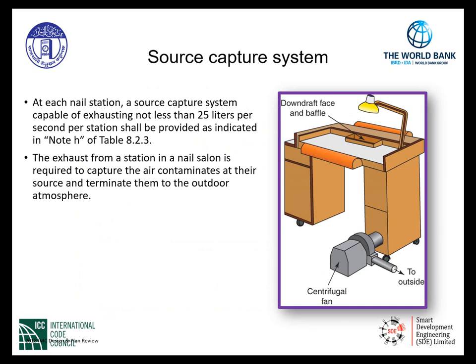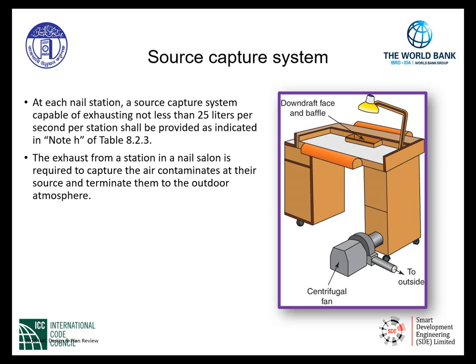As an example, a source capture system. Indicated on the right-hand side of the slide, we have what's called a nail table. As you can see, we have a downdraft face and baffle. This is the point that the contaminants need to be captured at the application.